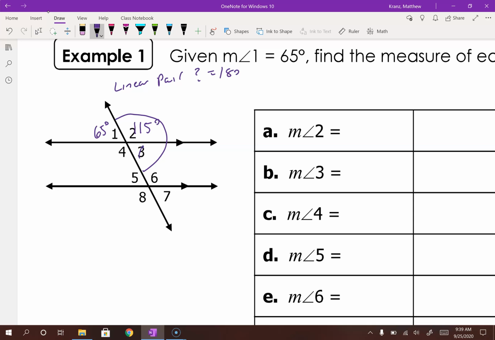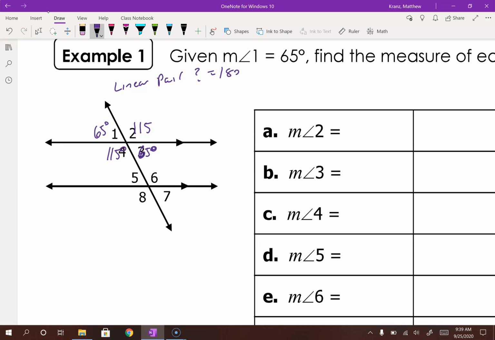So they do. So that means that this is 65. And notice that 1 and 3 are vertical angles, so they're exactly the same. And these two are a linear pair, and these two are a linear pair, and these are vertical angles. So this is also going to be 115. All right? So now we know that these angles can only be one of two numbers.